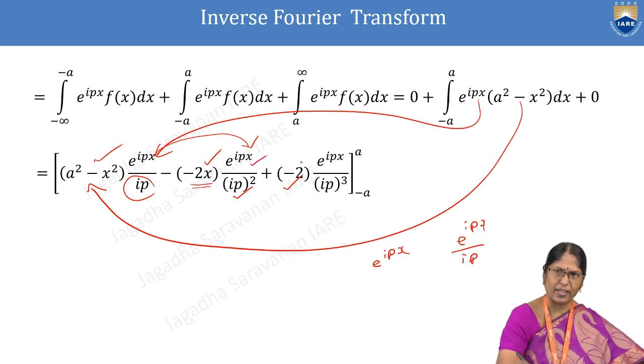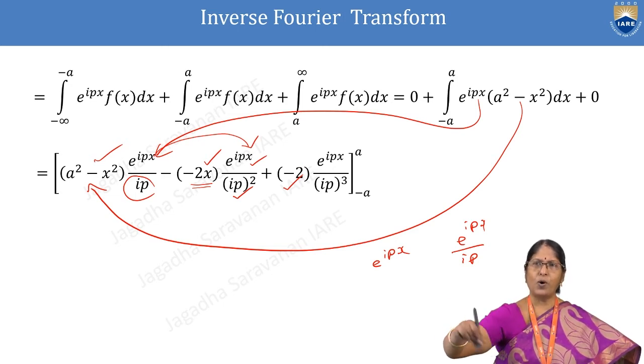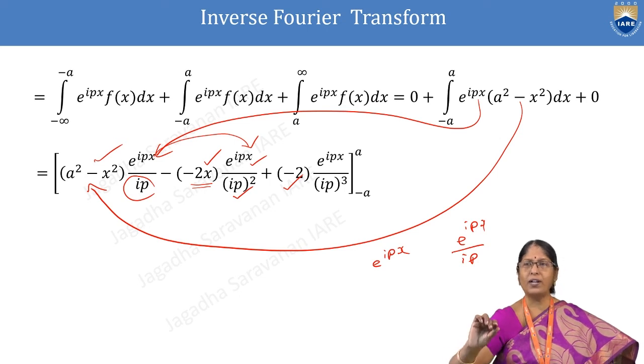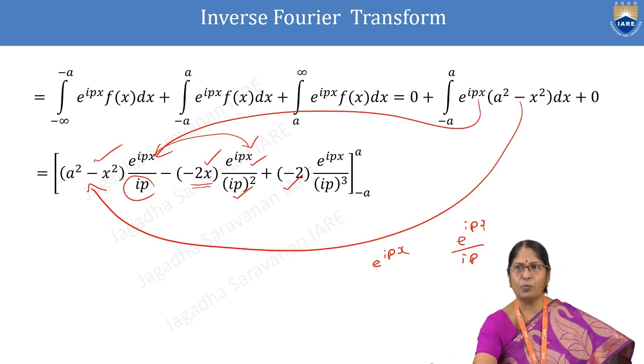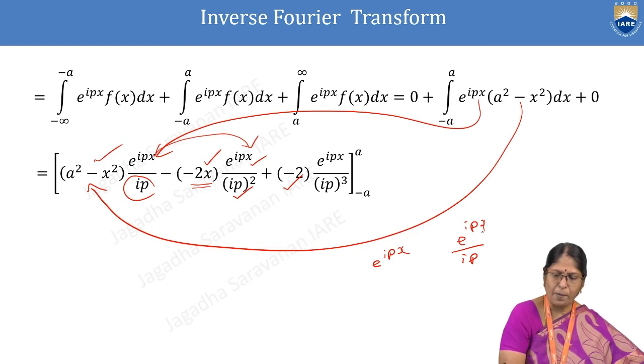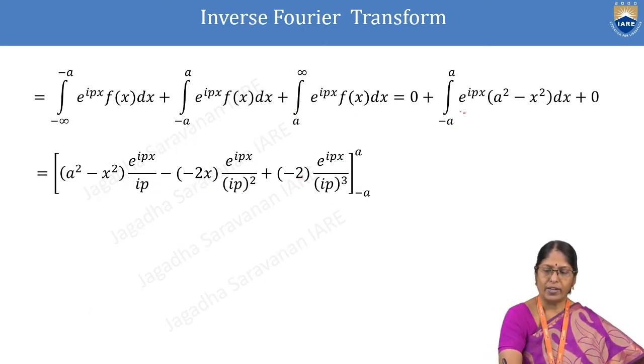Again the exponential part we move towards integration and the algebraic part towards differentiation. This is the easy way of doing integration; at one stroke we can complete it. So now e power ipx, already ip the whole square is there, so ip the whole cube. So once again we can see it here.